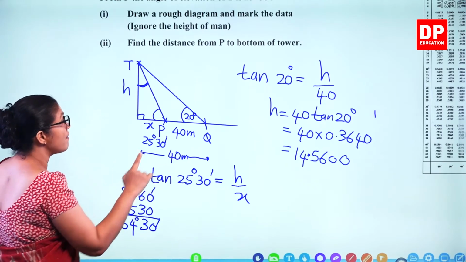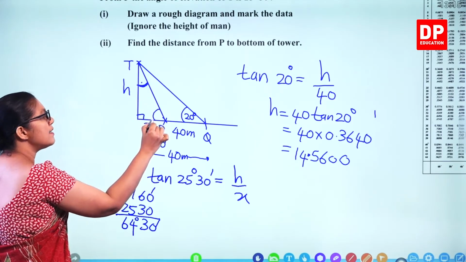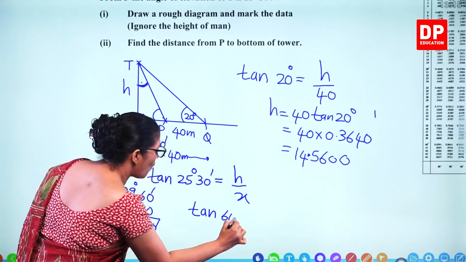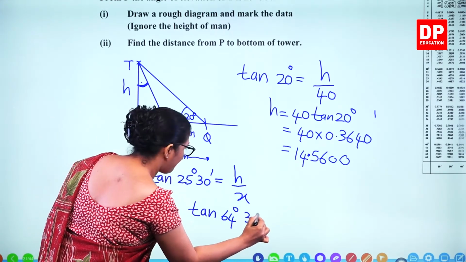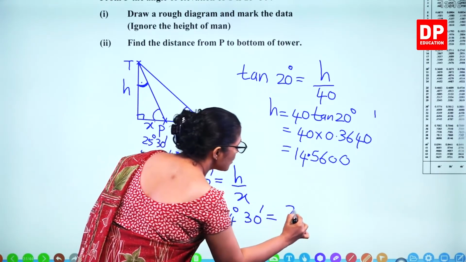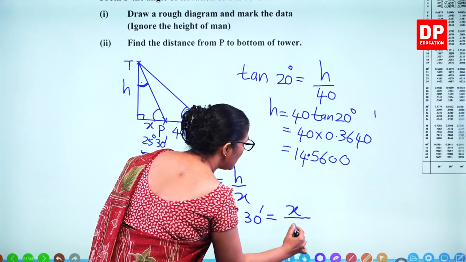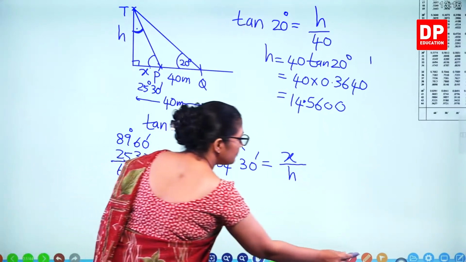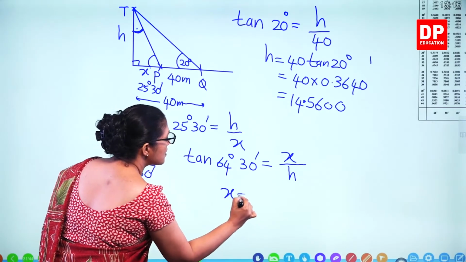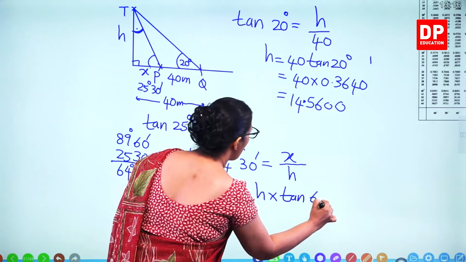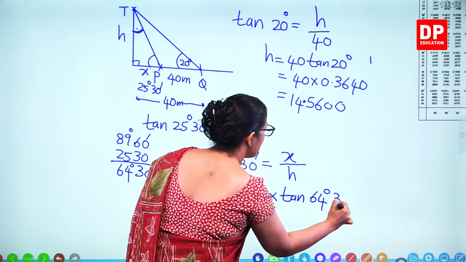So I can write, to this angle, this is opposite. So tan of 64°30' is equal to x over h. X over h. So what is x? X becomes h into tan 64°30'.